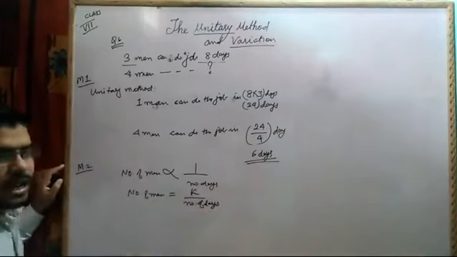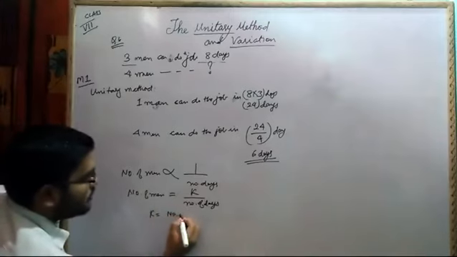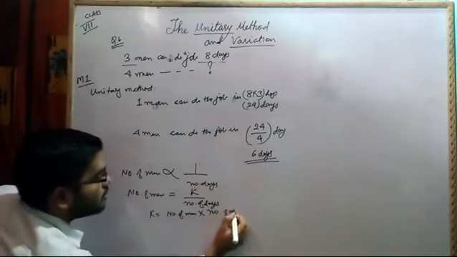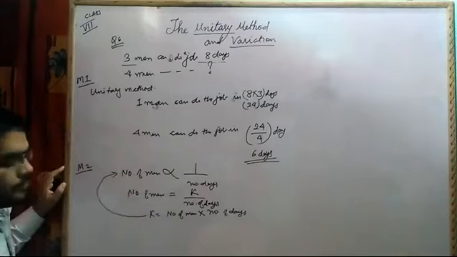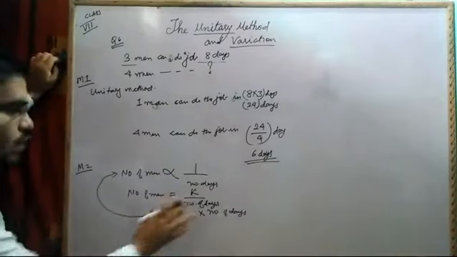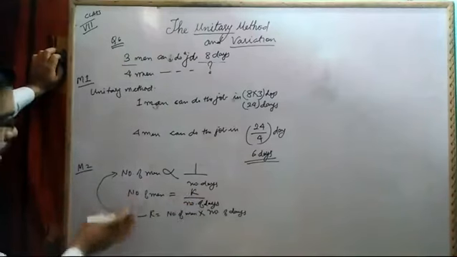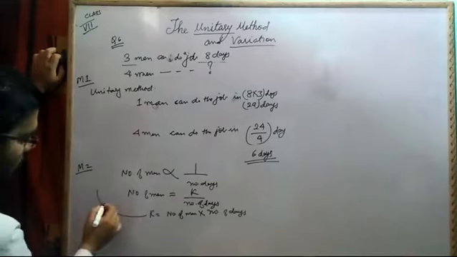Now we have to find the value of K. So K will be equal to number of men into number of days. Now this value I have to put here, correct? As I have told you in the earlier case, that after finding the value of K, you have to substitute the value in the given equation.